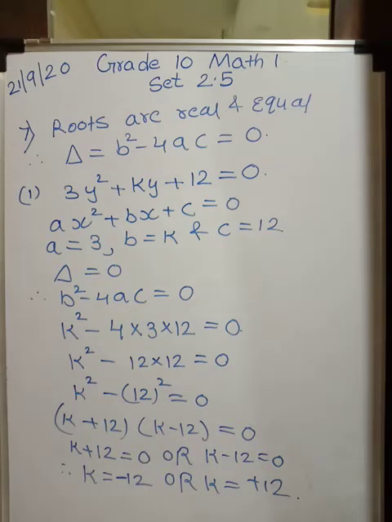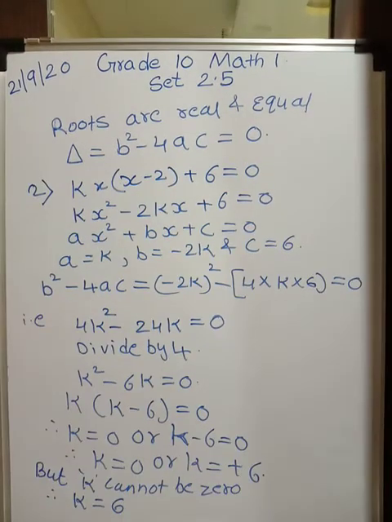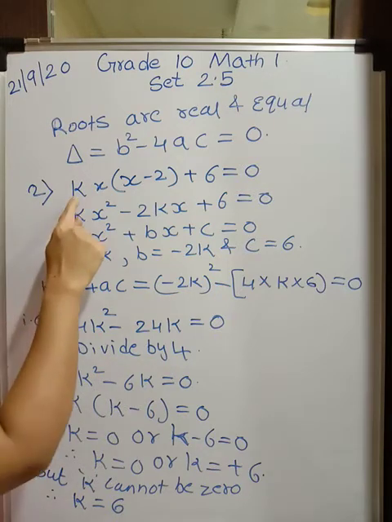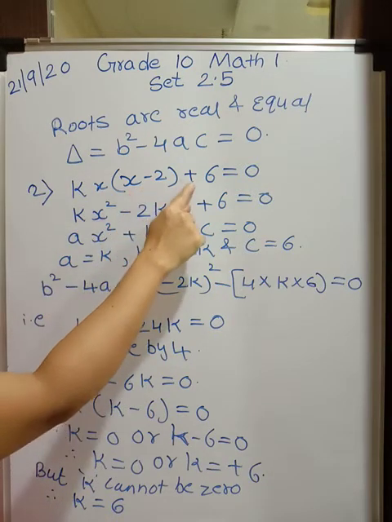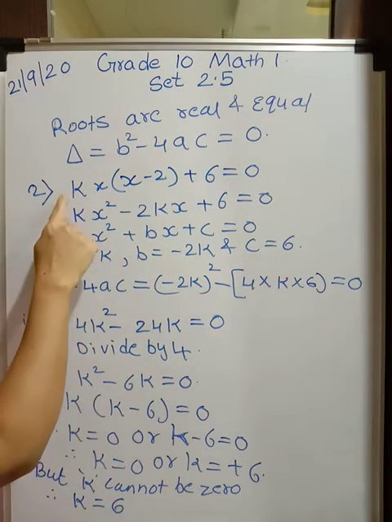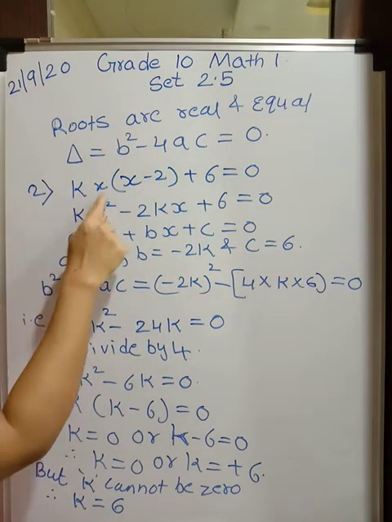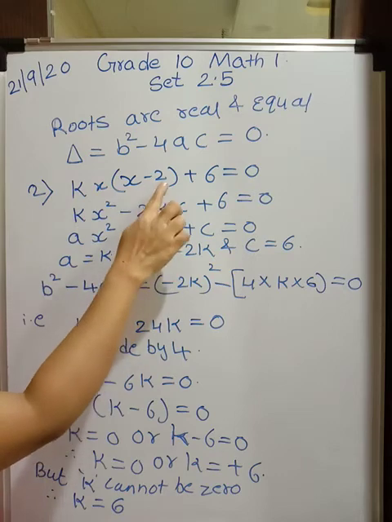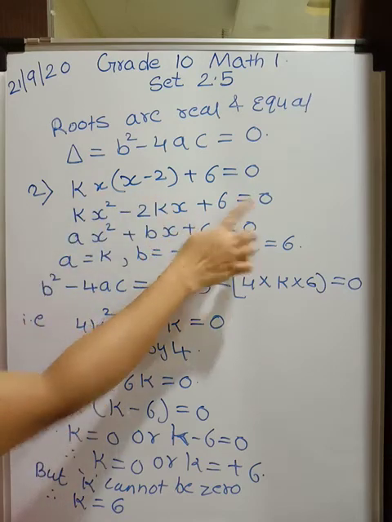Alright, let us go for the next also. Now look at the second question. kx into (x minus 2) plus 6 is equal to 0. Multiply with kx, what you get is kx square minus 2kx plus 6 is equal to 0.